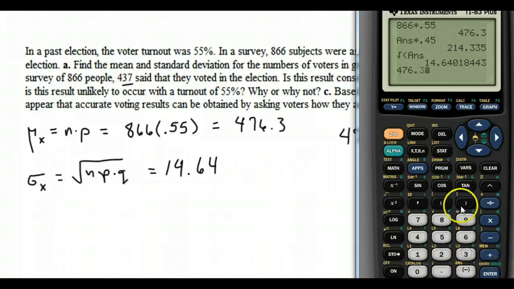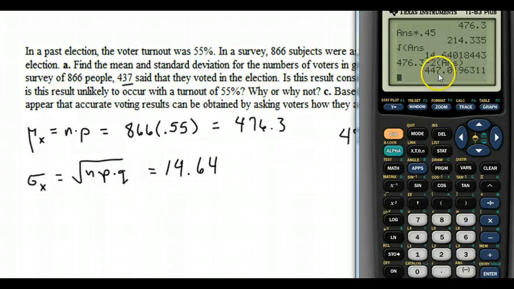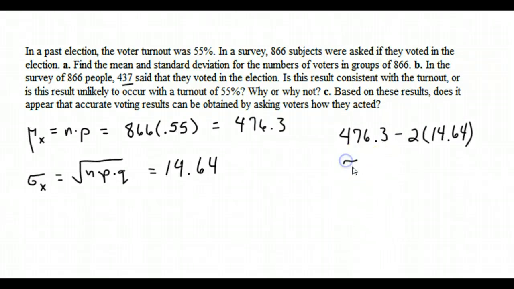Notice the last thing I did was that standard deviation, so I'm going to do minus 2 of those. I'll hit second, answer, and hit enter. So 447.02. So it's about 447. That's 2 standard deviations below the mean. That's a cutoff for rare. That would be pretty rare.